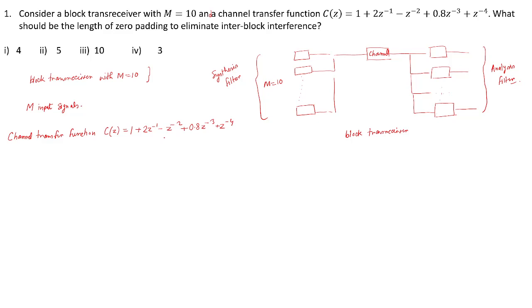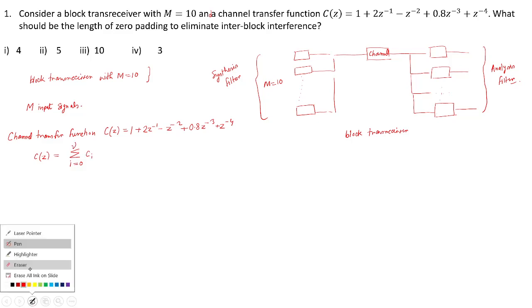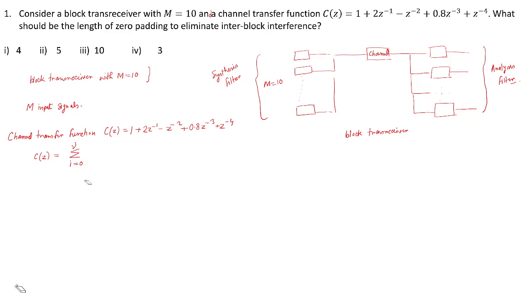Because C(z) is nothing but, following the notation in the lecture where i runs from 0 to infinity, the corresponding taps, which we denote not as capital C but as small c_i, otherwise it will be misleading, c_i z to the power minus i, where the c_i's are channel taps.